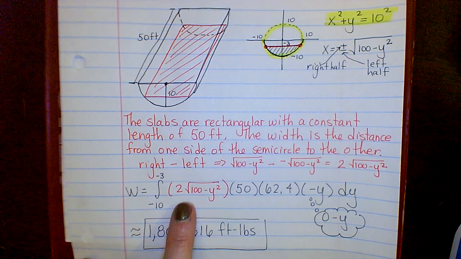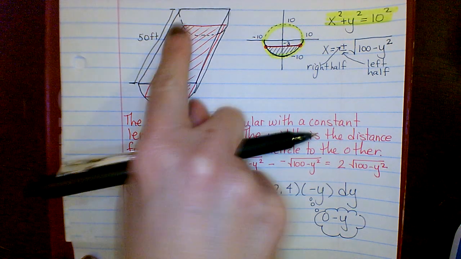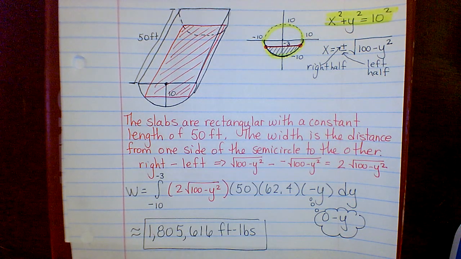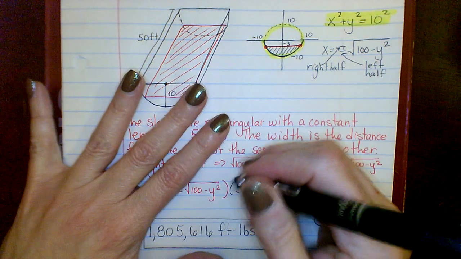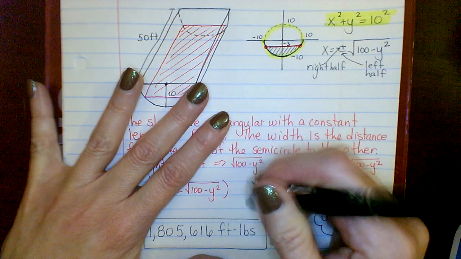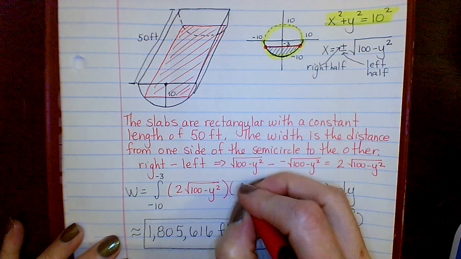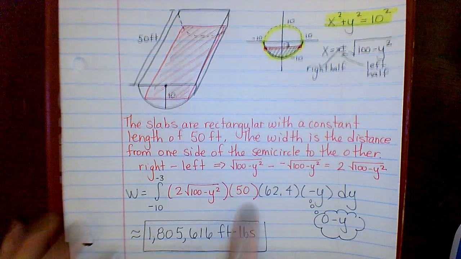This is not a pi r squared situation because these are not circles. Right? They're rectangles. In fact, they're rectangles, and I should have got my color coding. I should have kept that going. There's the area. So I've been doing it each time where my area has been in red.